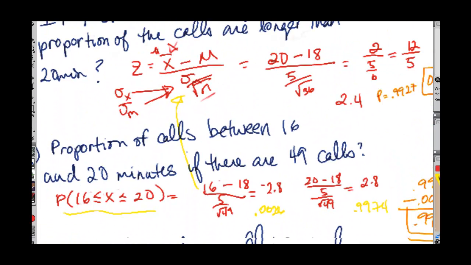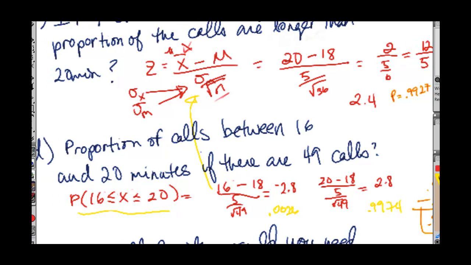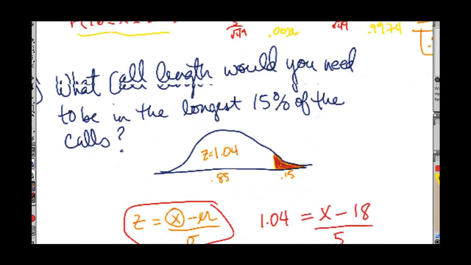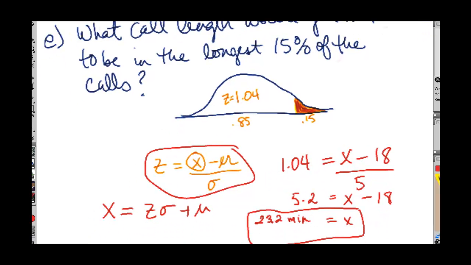So you might even be given a bunch of data points in which you have to find the mean and find the sigma, the standard deviation, using the formulas you learned from earlier chapters. And there will be an example like that.